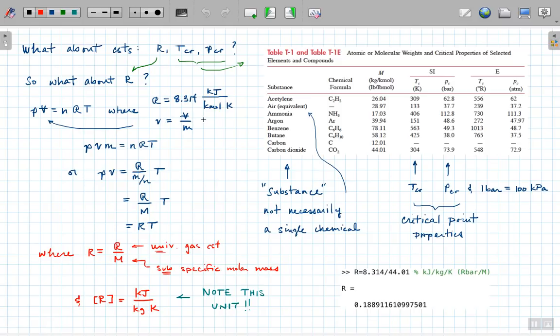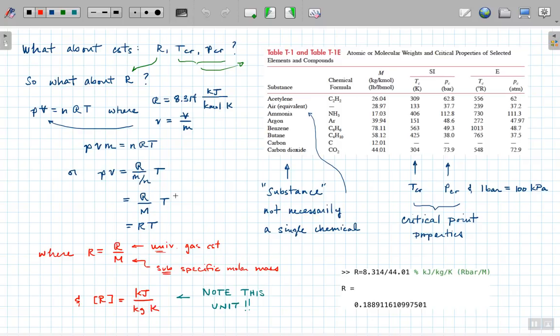So I've reworked the basic conversion from our standard form of the ideal gas law that we all learned in chemistry to what we are more interested in in this class, which is P times v, which is the specific volume, equals R, which is the substance-specific gas constant, times T. The reason we do this is we work with kilograms an awful lot as engineers, and we want to be able to do that easily. And so we just go ahead and rewrite a gas constant for each substance by dividing the universal R by the molar mass. And that's pretty straightforward.